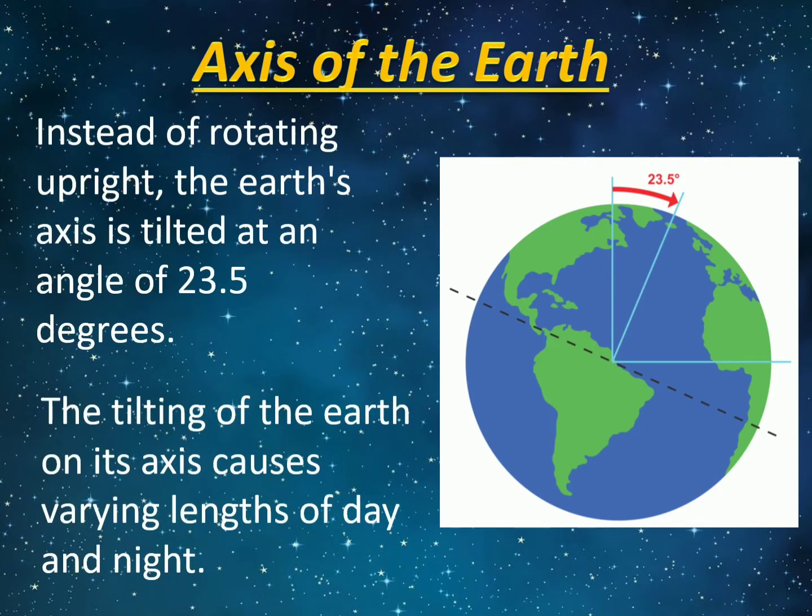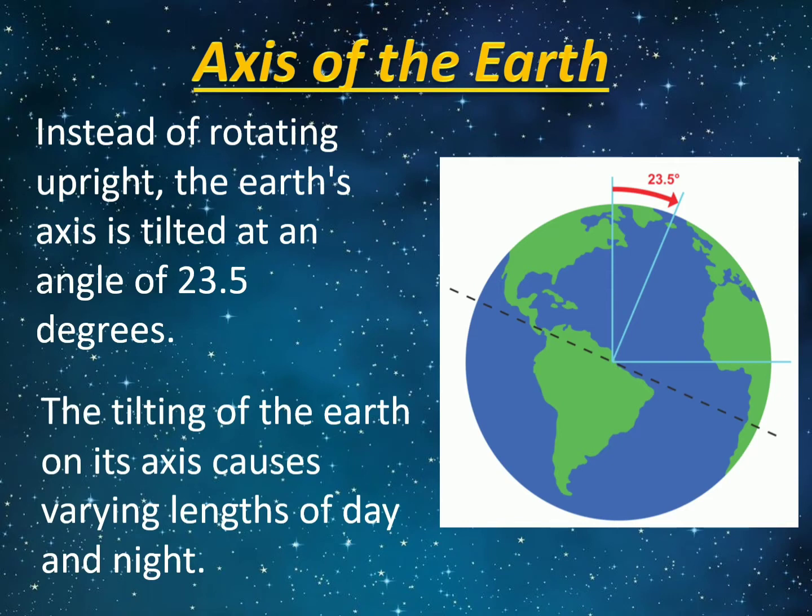Now students, we saw what an axis is. Now what is the axis of the Earth? It's an imaginary line that runs directly through the Earth's center from the North Pole to the South Pole. But the Earth's axis is not upright.